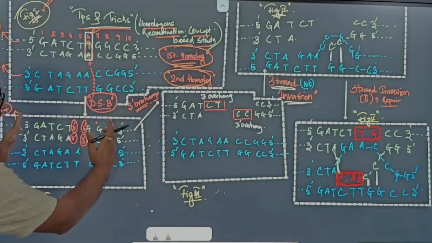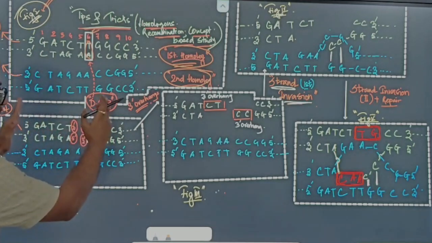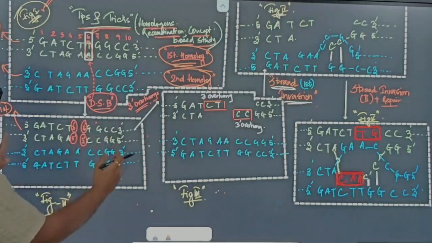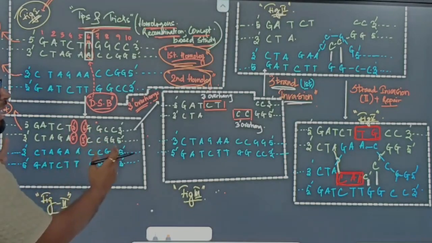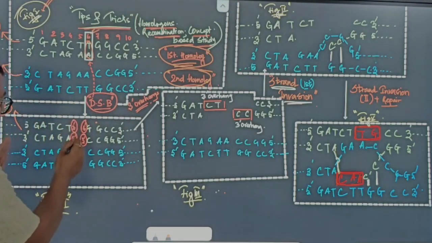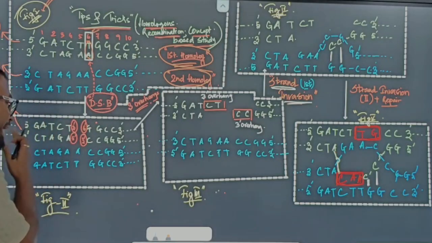So this homolog is under double-stranded break, whereas the second homolog, the other homolog, hasn't undergone any kind of breakage. So it is intact.